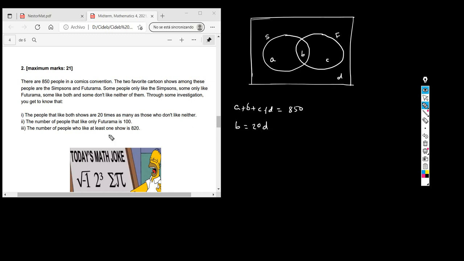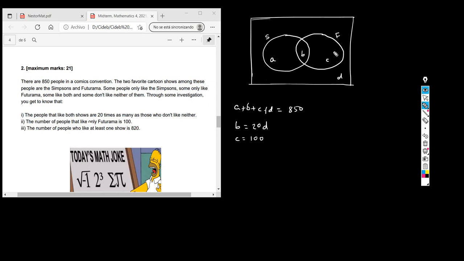That's my second equation. The number of people that like only Futurama, which is C, is 100. And the number of people who like at least one show is 820. Which are those people?